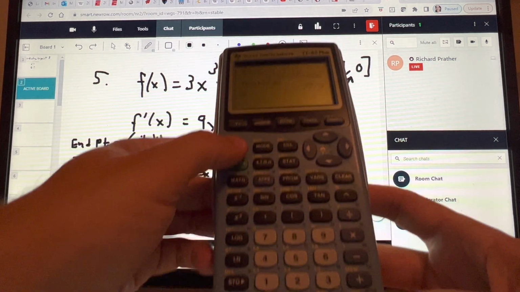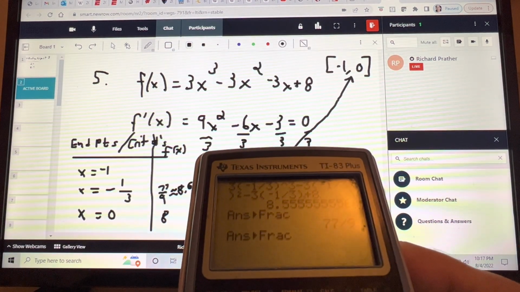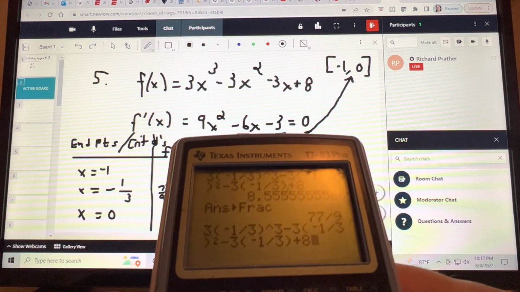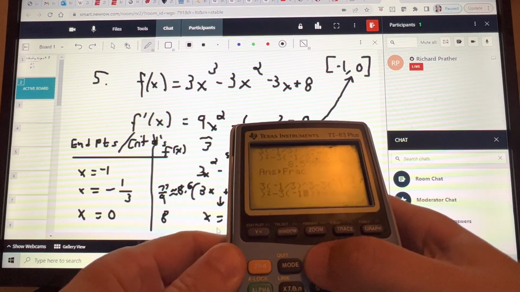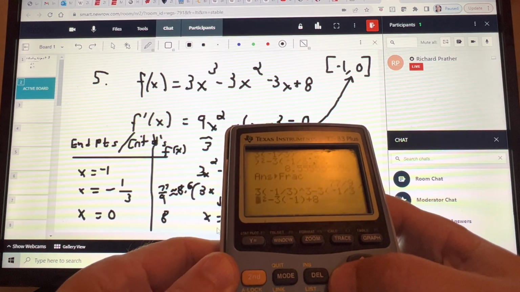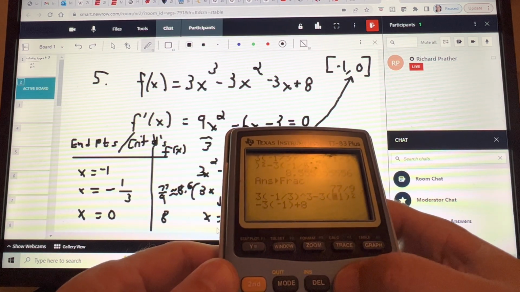And now I can hit second enter twice to call up the last statement, and I can just delete the divided by 3's. Fastest way, so I don't have to retype the whole thing.